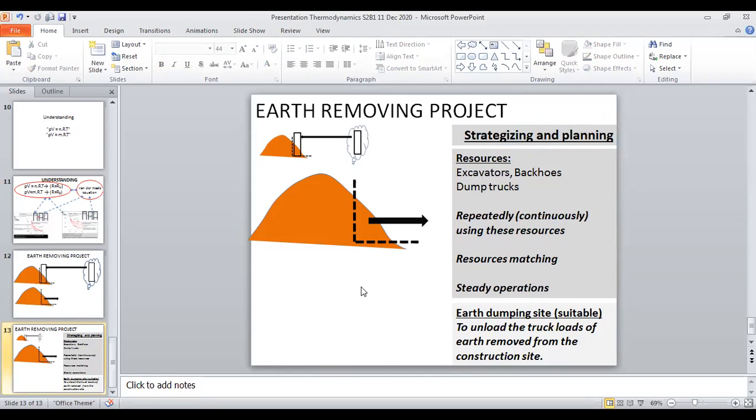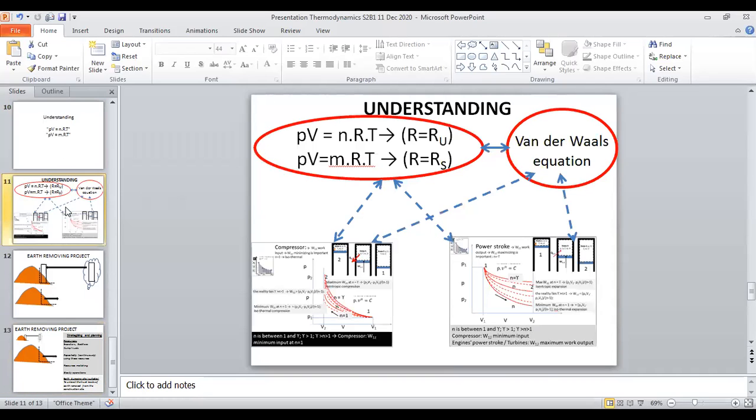So for next week's discussion, you have to plan this earth moving project very well. I give some hints and all. So this is one of the parts. You also have to understand PV equals nRT very well, and PV equals mRT also. Give me a second, Putha.